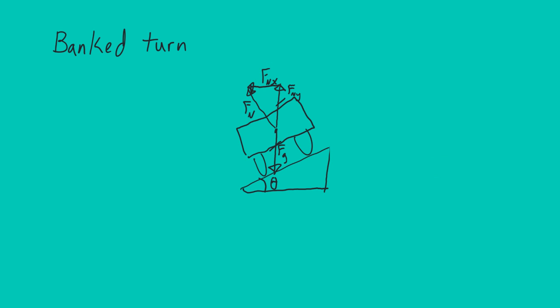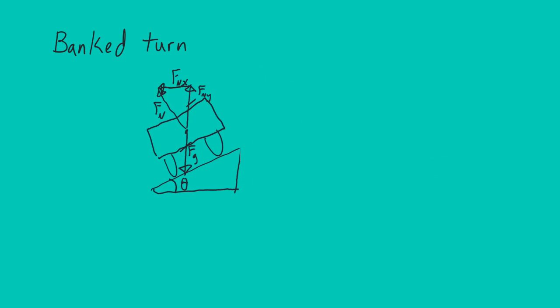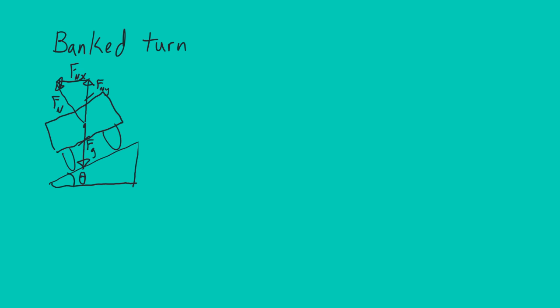So now that we understand why we have done what we've done with the directions of our forces, we can start solving the problem. So just like before, we know that the force normal in that x direction is going to be equal to that force of circular motion.